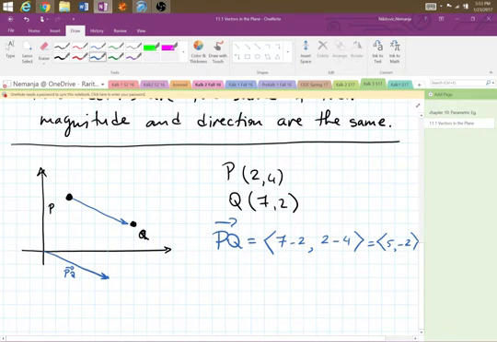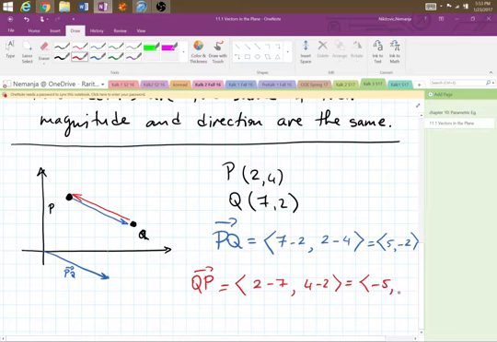Now I can also draw the red one, which goes the other way, which is the vector QP. And the vector QP is going to be the other way around. It's going to be 2 minus 7, comma, 4 minus 2, which is negative 5, positive 2.